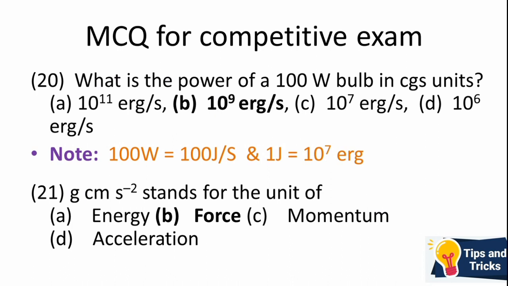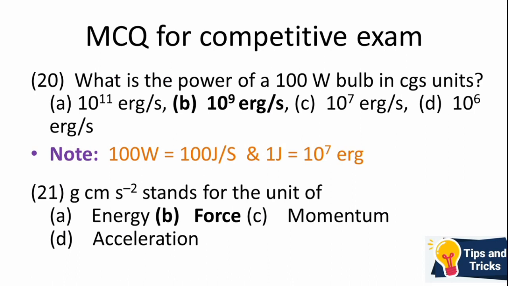So substituting 10 power 7 erg for joule, we get 100 watt is equal to 100 into 10 power 7 ergs per second, which will be equal to 10 power 9 ergs per second. So the correct option is option B, 100 watt bulb is equal to 10 power 9 ergs per second.